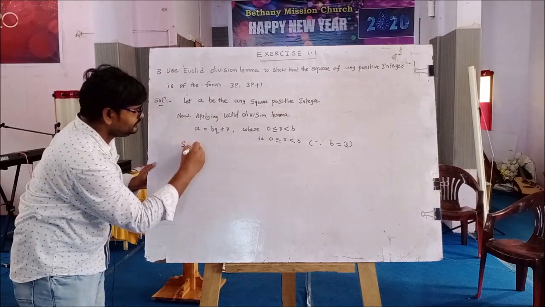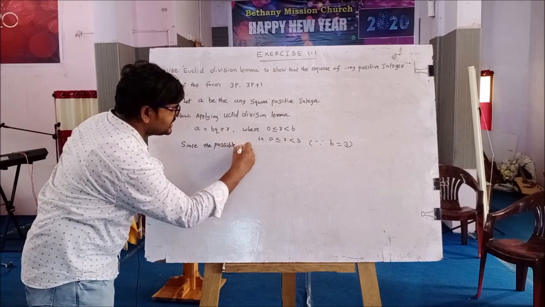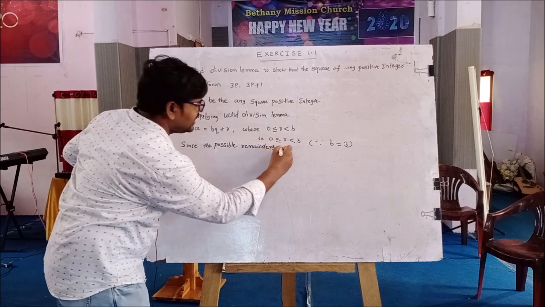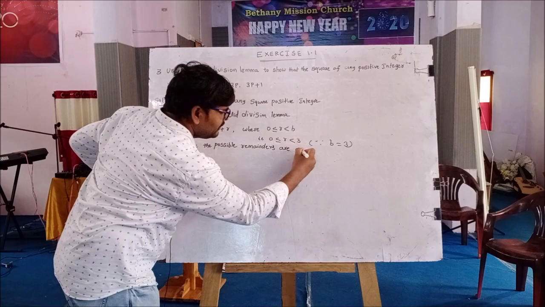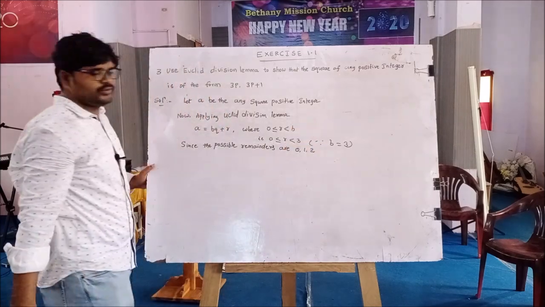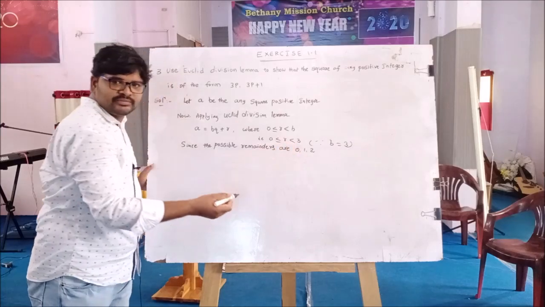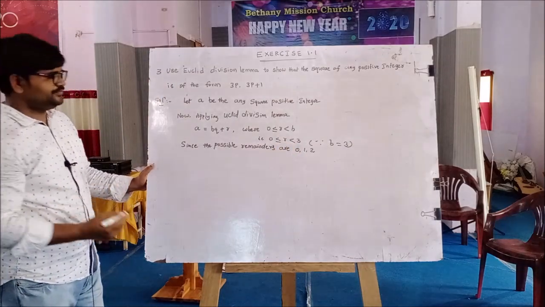Since b is 3, the possible remainders are 0, 1, 2, because they are less than 3.